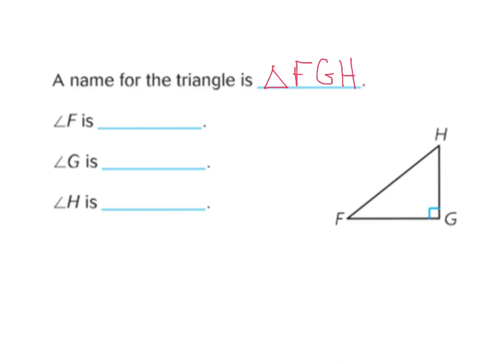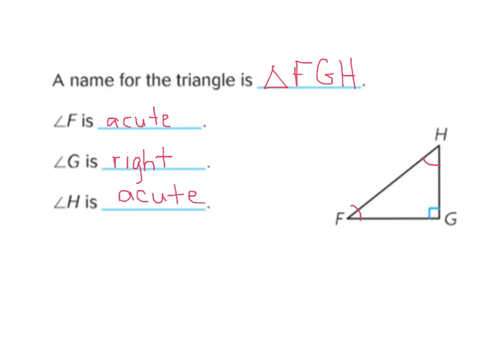But we want to try to classify triangle FGH by looking at the three different angles that you see. Angle F right here is acute, so I'm going to write acute right here in this line. Angle G is a right angle. I'm going to write the word right. And then angle H is also less than 90 degrees, so I will call that an acute angle.